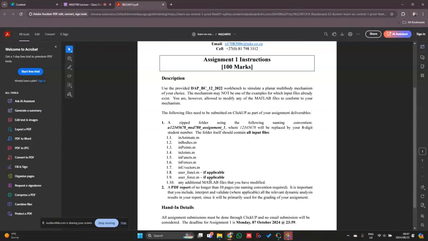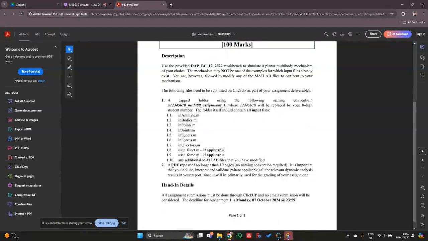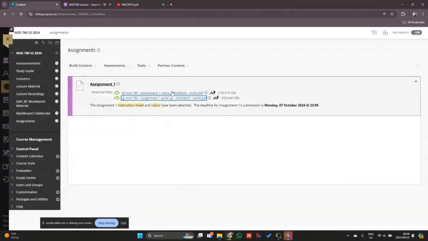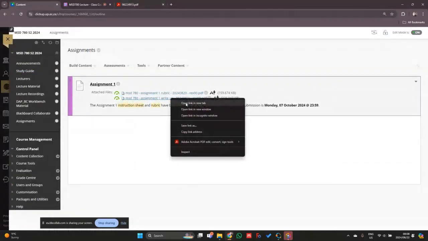So if you made any changes to the DAP or the anim or the post files, you can also submit that. And then of course we want the PDF report as well. We're going to use the PDF report for the grading of the assessment. The important thing is that once you've actually run the multi-body system, you analyze the results and give your interpretations as well. And that is where you can use the rubric with regards to how we allocate marks.